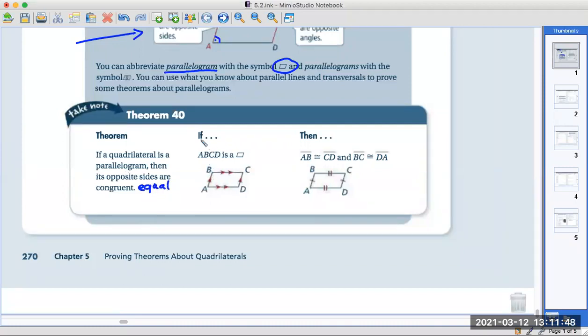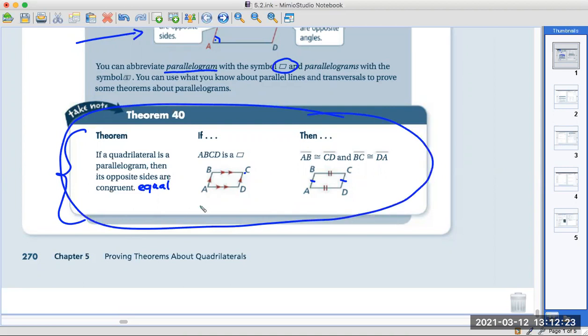So let's look. If ABCD is a parallelogram, then opposite sides are congruent. You see how this is side, side, side, side. Opposite sides are congruent. The tick marks show you that. So make sure you put a little highlighter to this to always kind of refer back to it. These are the main ideas.